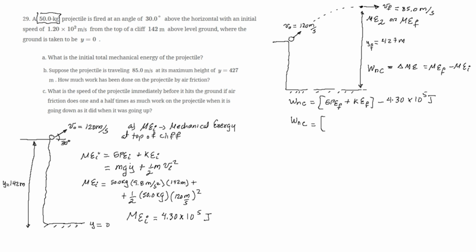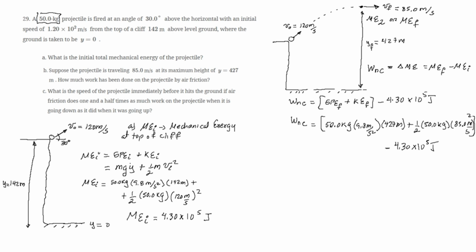So the gravitational potential energy final would be the mass, 50 kilograms, sorry, 50 kilograms, times the gravity, 9.8 meters per second squared, times the new height, that is 427 meters, plus the kinetic energy final, that is one half the mass of 50 kilograms times the speed at that point, 85 meters per second squared, minus the 4.30 times 10 to the 5th.